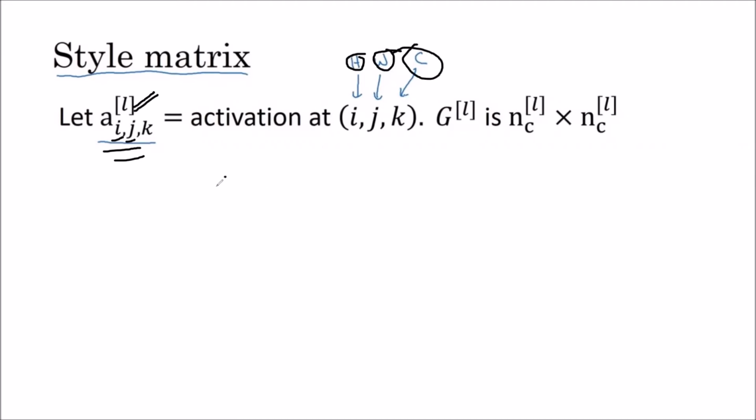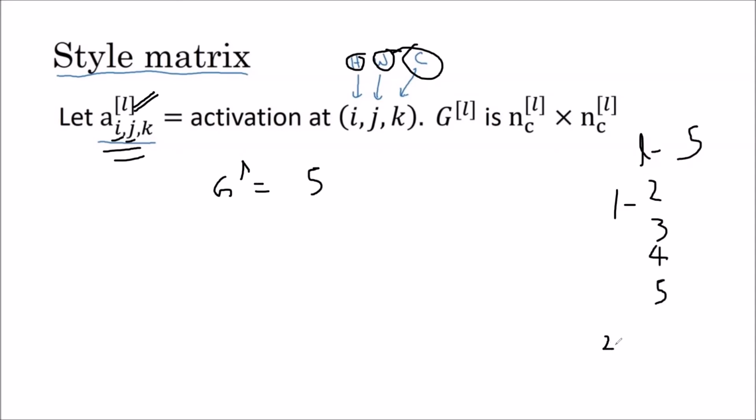Then the style is given as G^[L], which is an NC by NC matrix. If we have 5 channels in a layer L, then to represent the style matrix in layer L, we find the correlation between channel 1 and 2, channel 1 and 3, channel 1 and 4, channel 1 and 5.